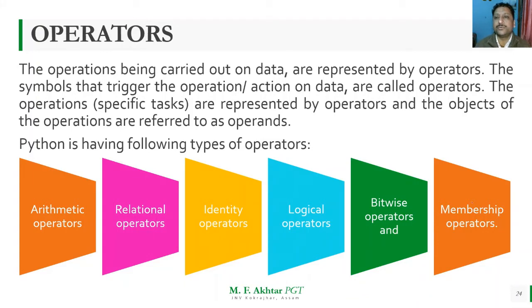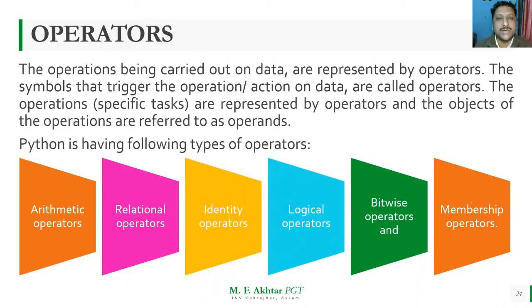Now we have come to operators. Different data types are assigned different types of operators and operations. Depending on the data type, we can do operations on those data types. If data is integer type, a number type, we can do arithmetical calculation.